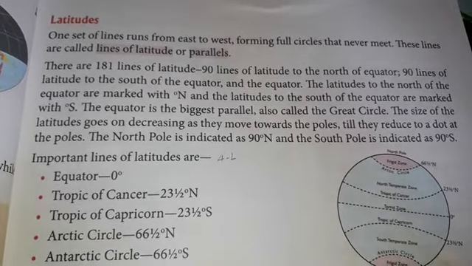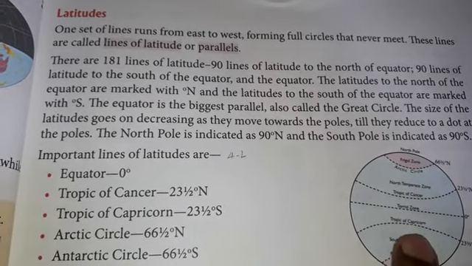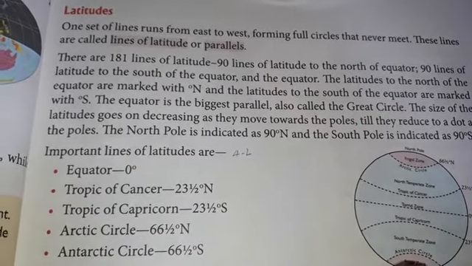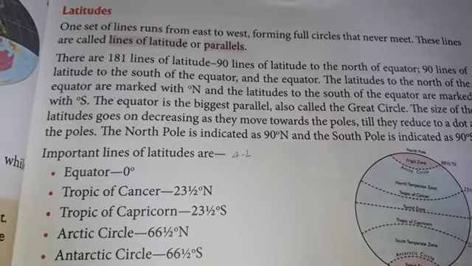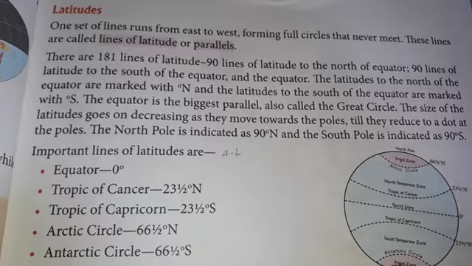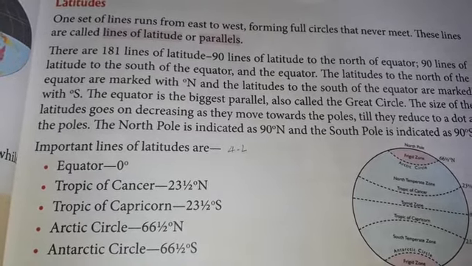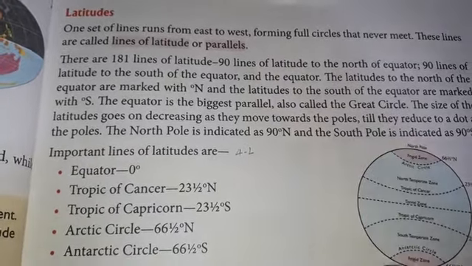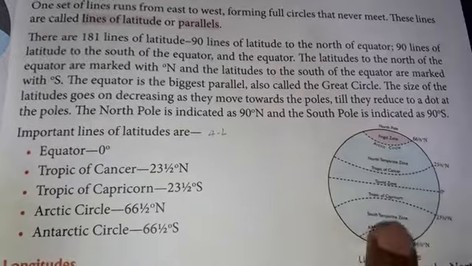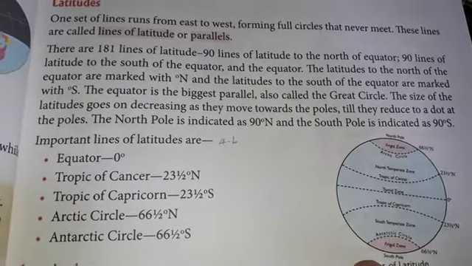The latitudes to the north of the equator are marked with degrees N, and the latitudes to the south of the equator are marked with degrees S. It means N indicates north and S indicates south, the northern part and the southern part.